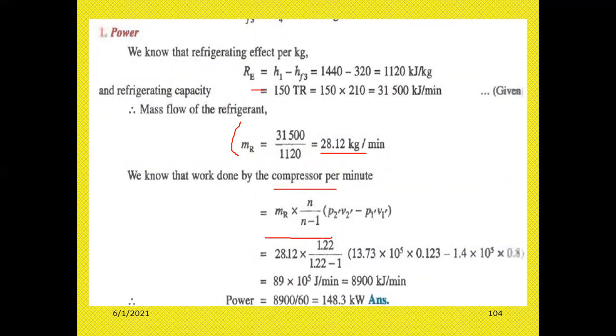Substituting the values, 28.12 into 1.22 by 1.22 minus 1, P2 V2 minus P1 V1. Upon substituting all the values, we get 8,900. Therefore, the power is equal to 8,900 by 60, that is equal to 148.3 kilowatts.